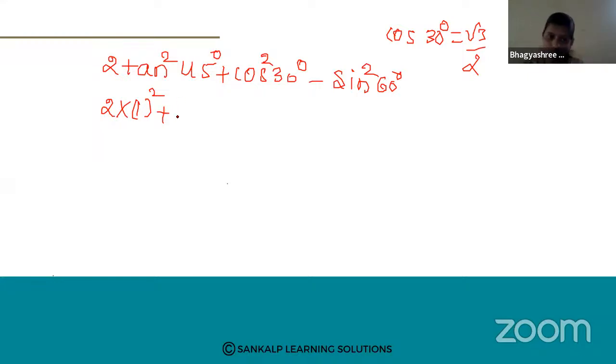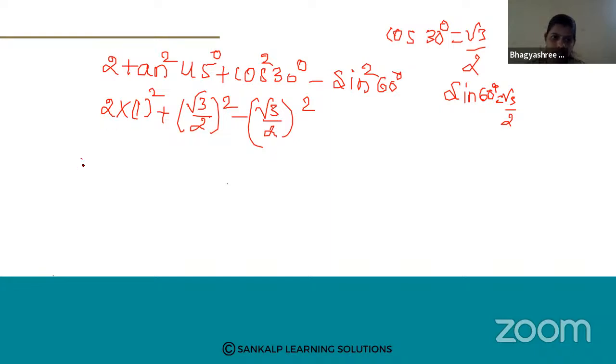Cos square 30 is root 3 divided by 2 whole square, minus sin square 60 degree. Sin 60 degree is root 3 divided by 2. Here sin square 60 degree is there. Therefore, root 3 divided by 2 whole square. Okay. 2 into 1, that is 2, plus root 3 divided by 2 whole square.